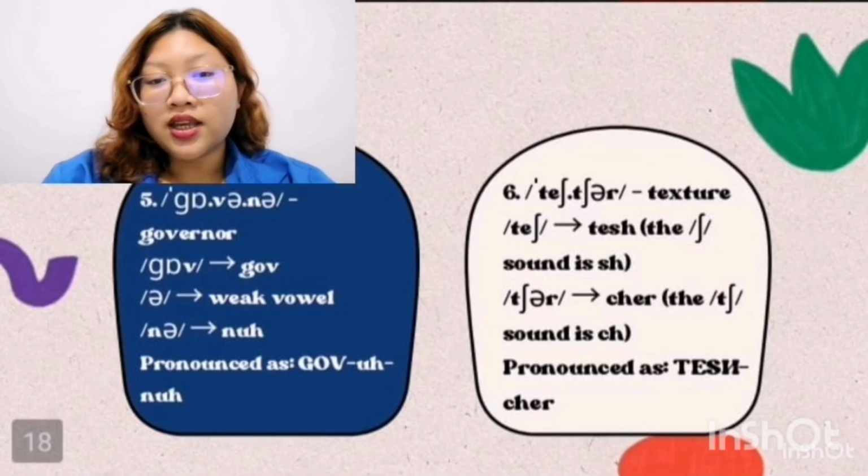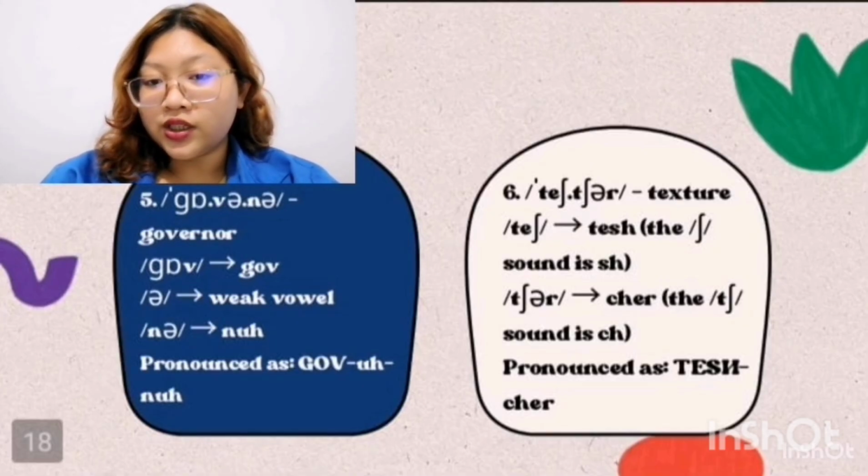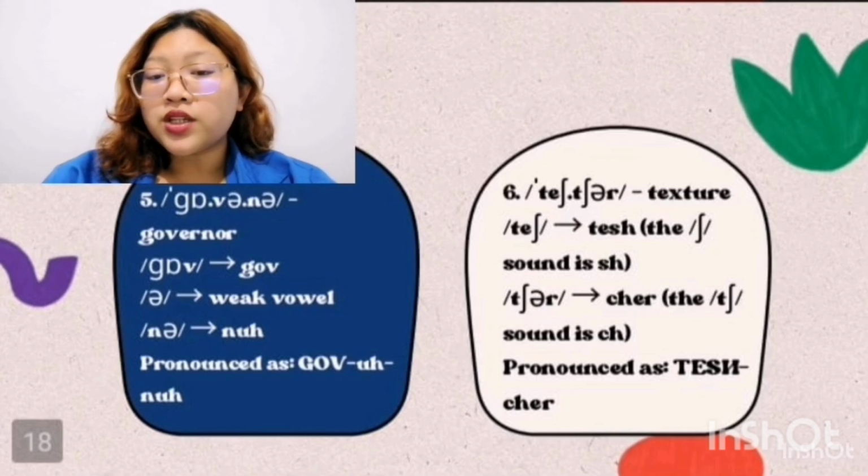Number 6 is pasture or texture. "Past" becomes "pas" because this sound is "s". This "t" is read as "ch". So we read it as texture.